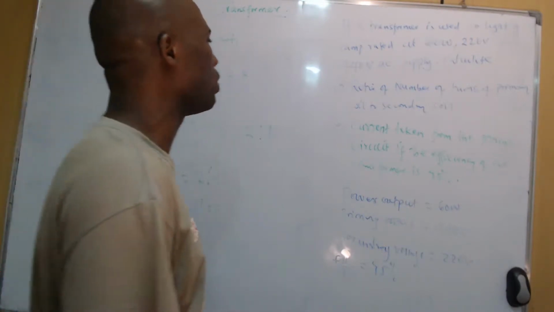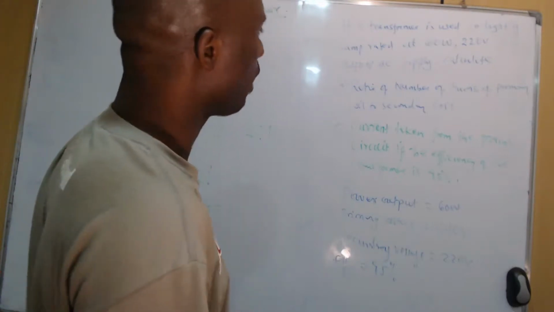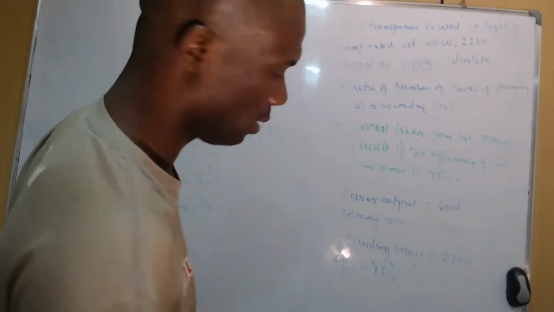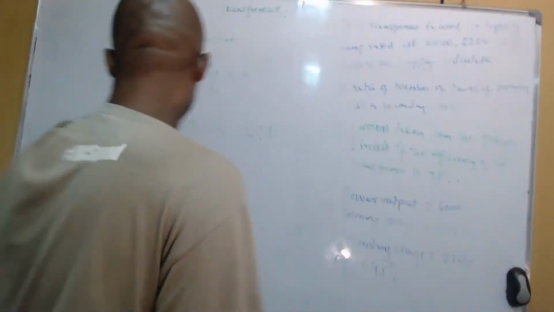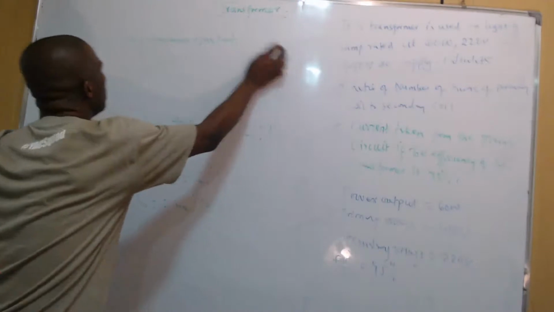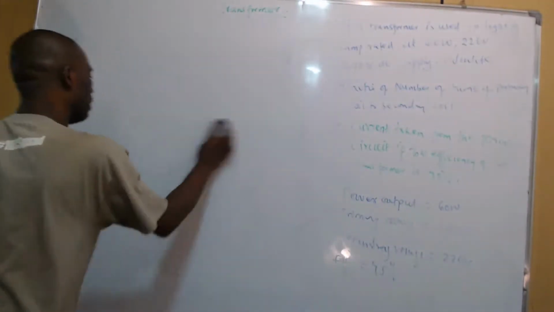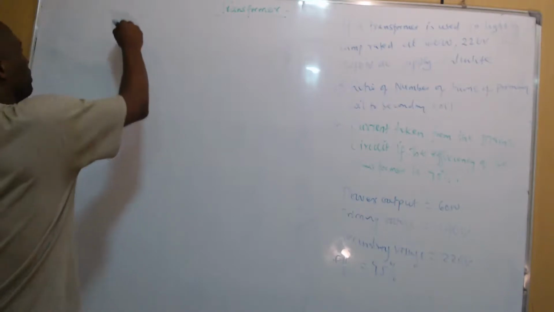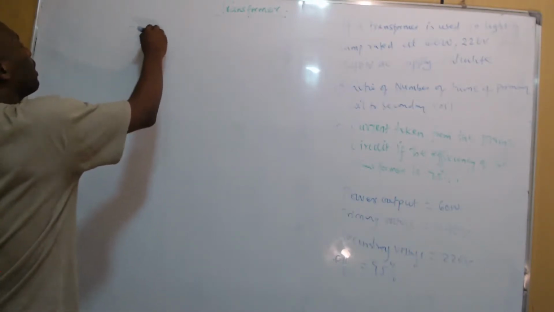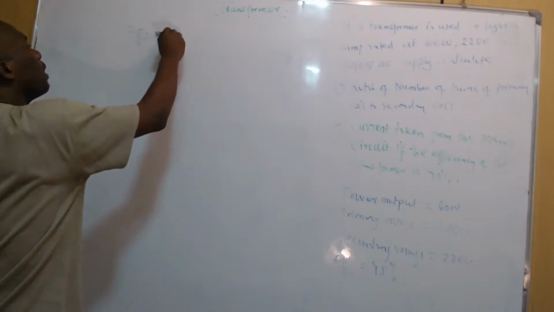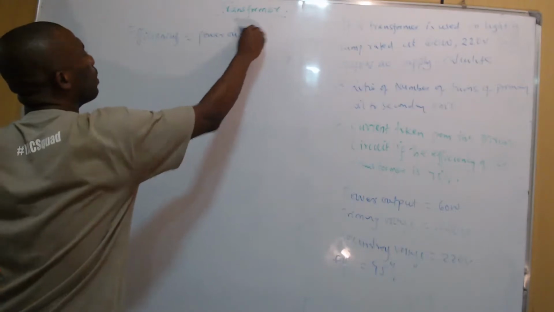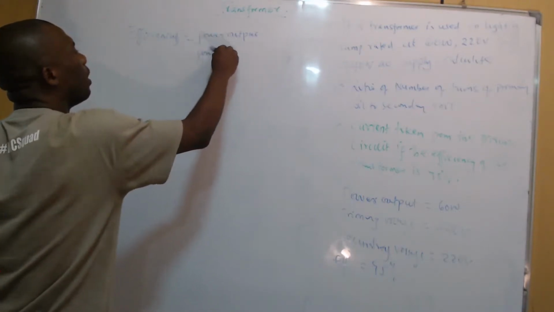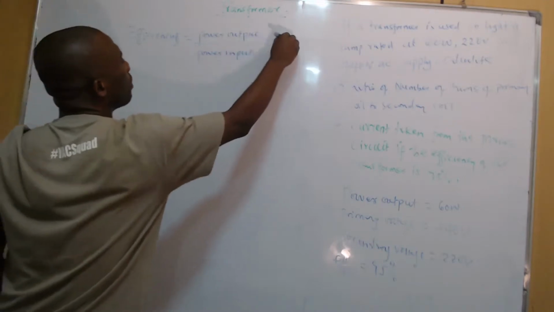Now, the next question says we should calculate the current in the primary, if the efficiency of the system is 95%. Now, efficiency, as we all know, is power output over power input times 100 over 1.